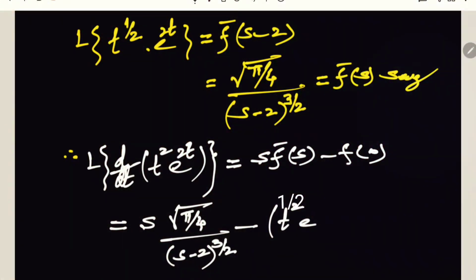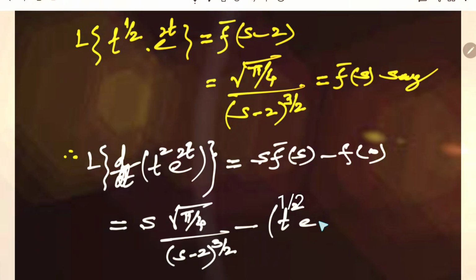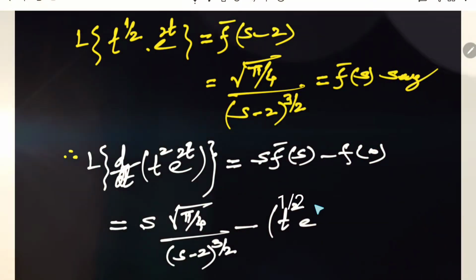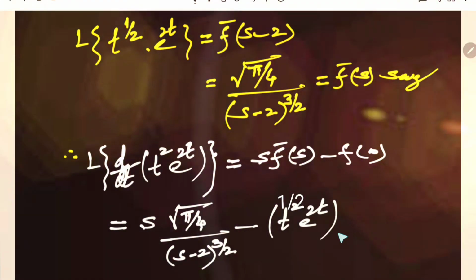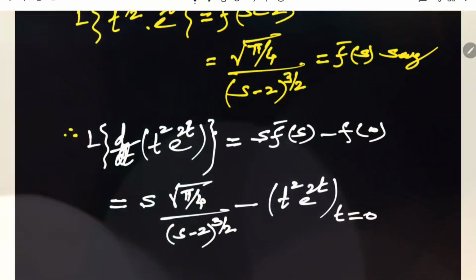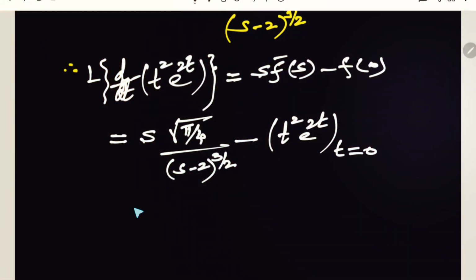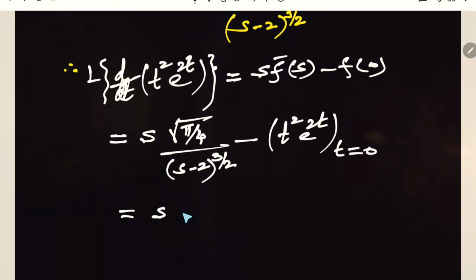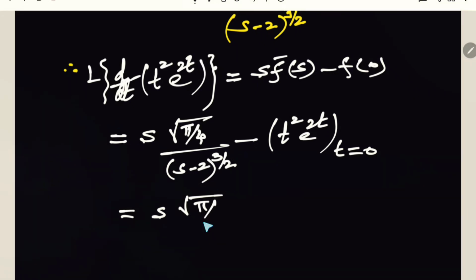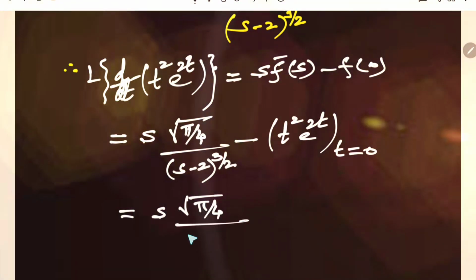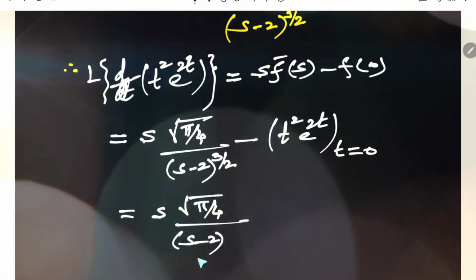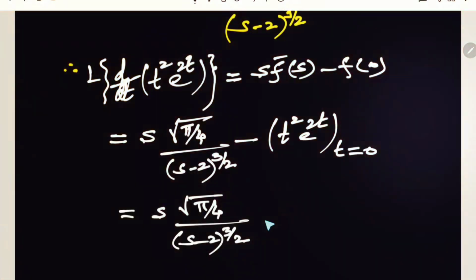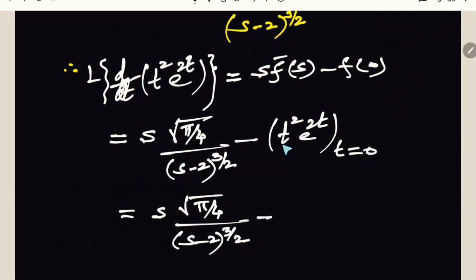And therefore, when we substitute t equals 0 in this term, we get that value as 0. 0 into 1 we get 0, and therefore the answer is s into square root of pi by 4 whole divided by (s minus 2) raised to 3 by 2 as the Laplace of that derivative term.